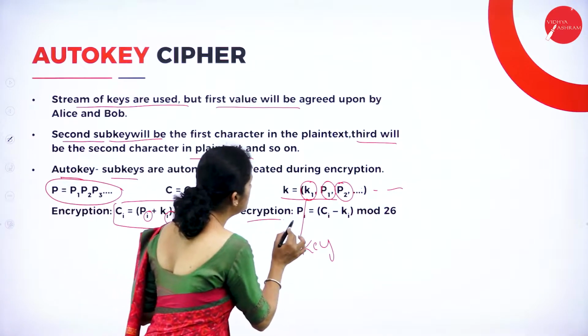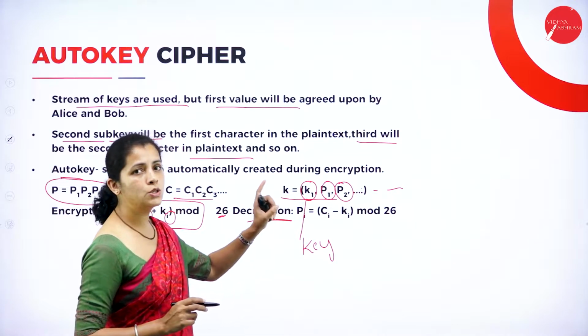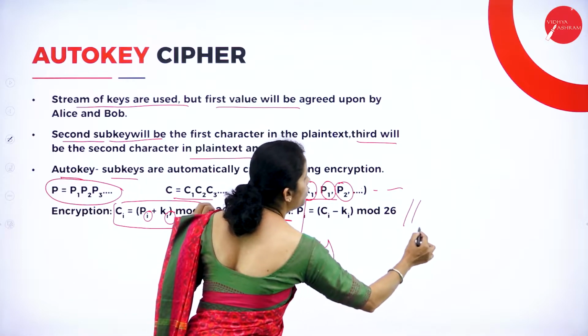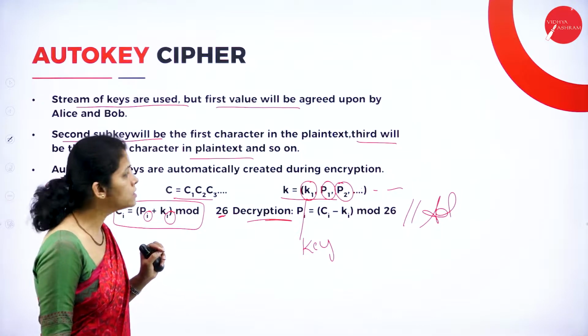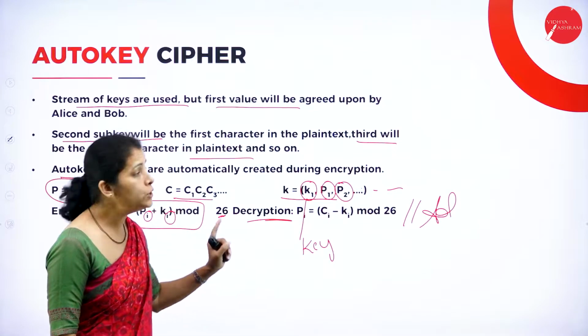And if I consider decryption, it is subtraction. So dear student, please remember here that it's mainly based on additive cipher. That means the working procedure of autokey cipher is same as additive cipher.